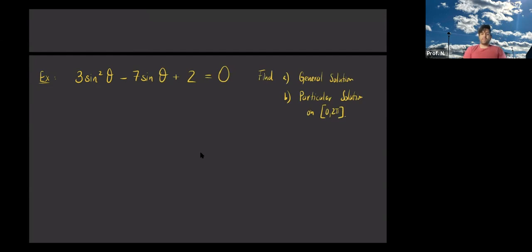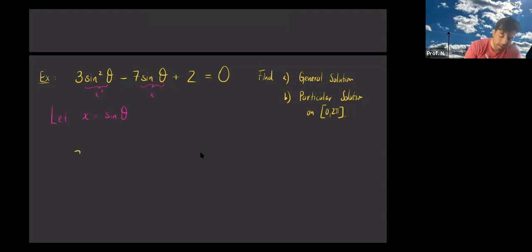So what do you recognize here? Or what could we do? You know what we're going to do? We're going to say this: let x equal sine of theta. Now, why do I do that? If you notice, sine squared theta can be written as x squared, and sine theta can be written as x.